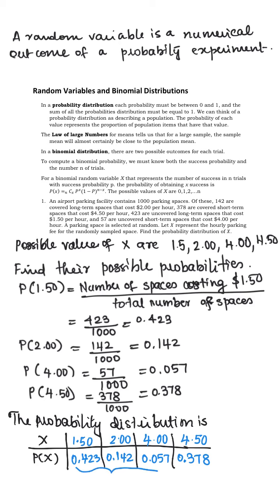If you add all these, you can see that the sum is equal to 1. So this table represents the probability distribution.